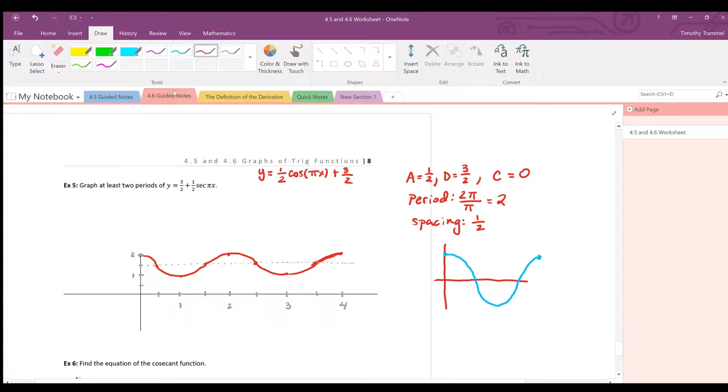All right, and just like before, the middle of the wave, these points here, they correspond to cosine of pi x being 0, okay? And so if that's the case, that means this is where we're going to have those vertical asymptotes. Let's go ahead and sketch those in there now.